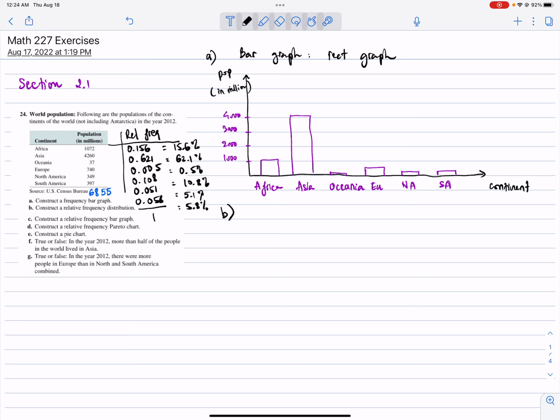So we want the relative frequency either in decimal or in percent. In the decimal, we will take 3 decimal places. Okay, so that is finished for part B.